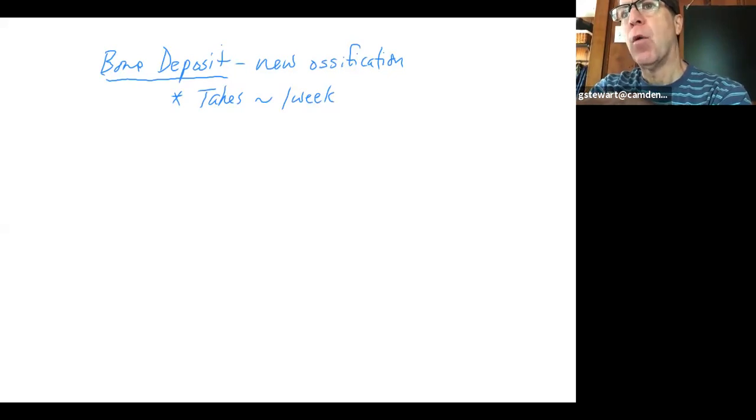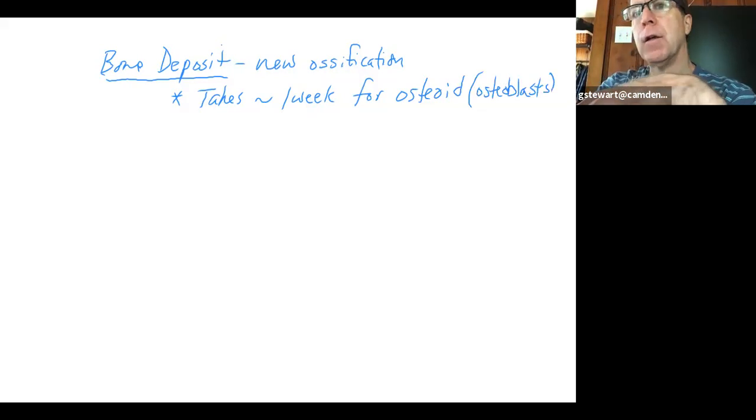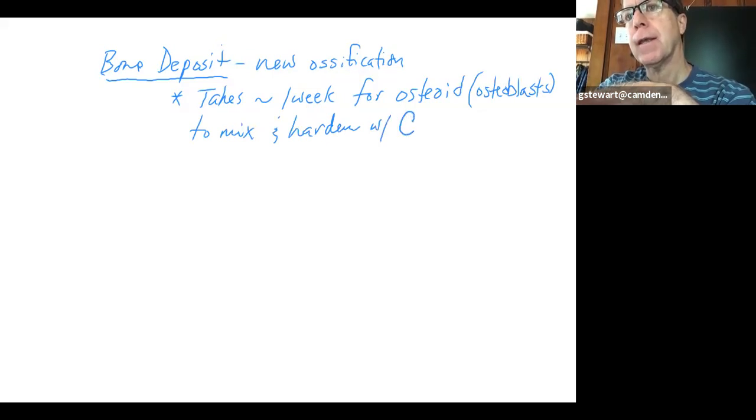So it takes about 1 week for osteoid, which is that organic material secreted by osteoblasts, to mix and harden with calcium and phosphate.